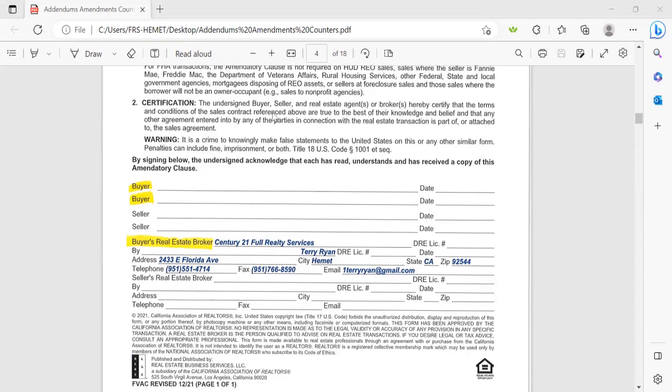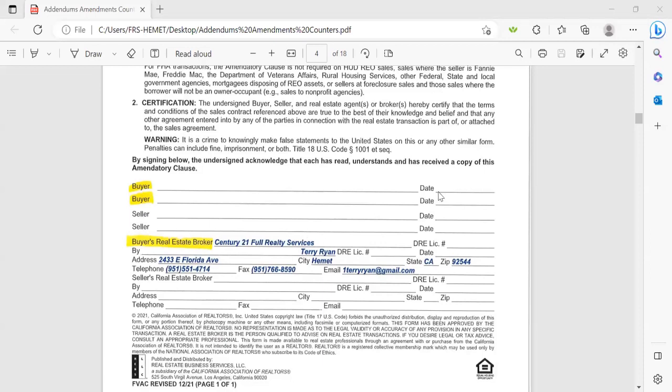And it says here, certification: the undersigned buyer, seller, and real estate agents or brokers hereby certify that the terms and conditions of the sales contract are true to the best of their knowledge and belief, and that any other agreement entered into by these parties in connection with the transaction is part of or attached to the agreement. So anything that we do with regards to this agreement is in writing, and it goes off to the escrow and the bank and whoever else is involved in it so that they know exactly what's going on.